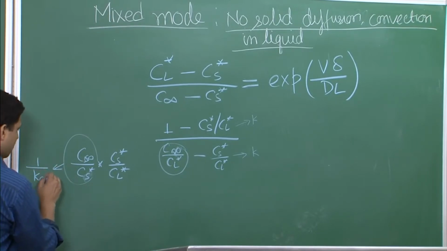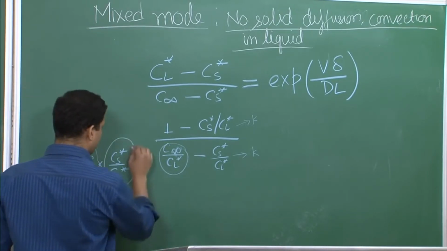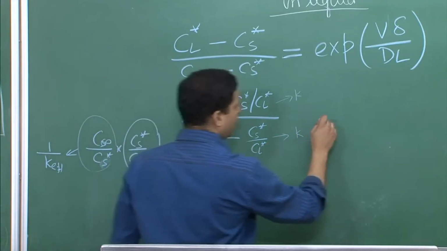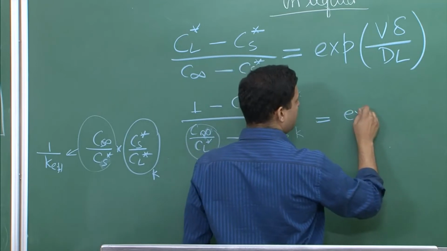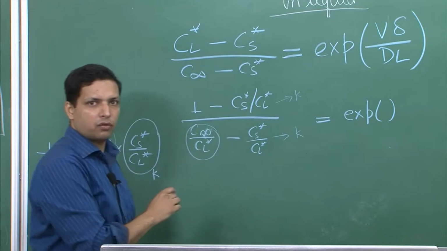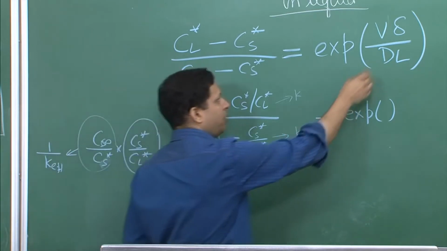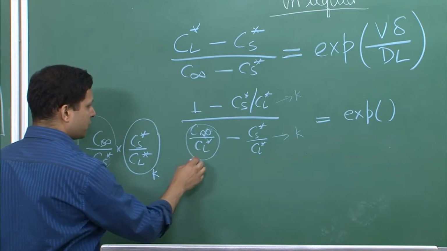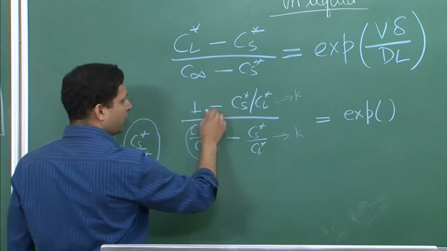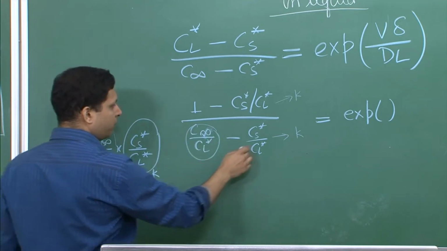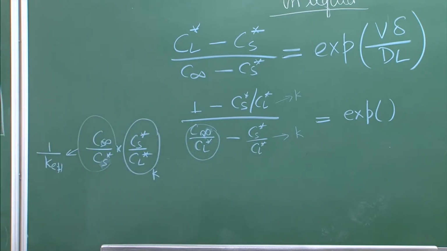So this is inverse of K effective, and this is K. So this becomes the whole equation on the left hand side. For the sake of simplicity, let me just put this whole thing like this. I will not write in what goes in there, we know it remains the same, V delta by DL, and therefore this becomes 1 minus K, this becomes K by K effective minus K equal to exponential term.